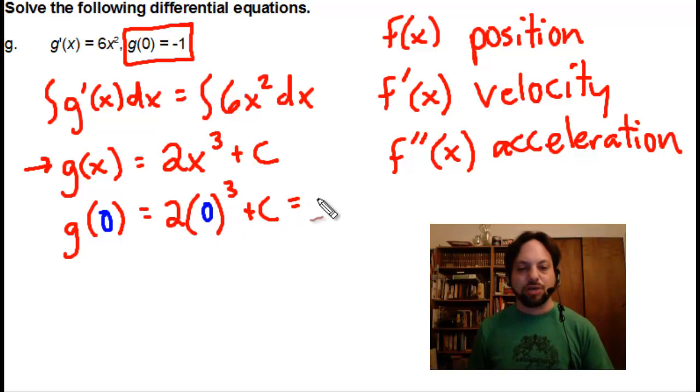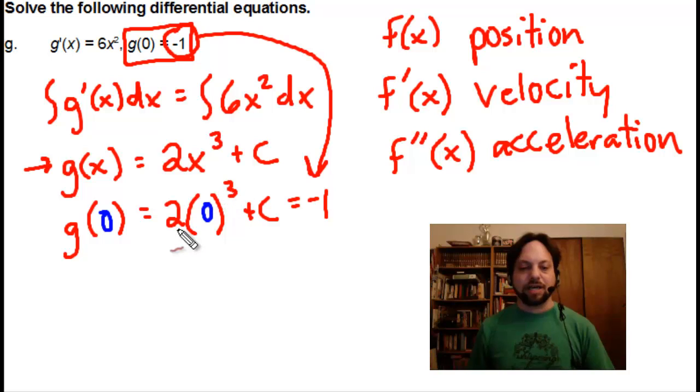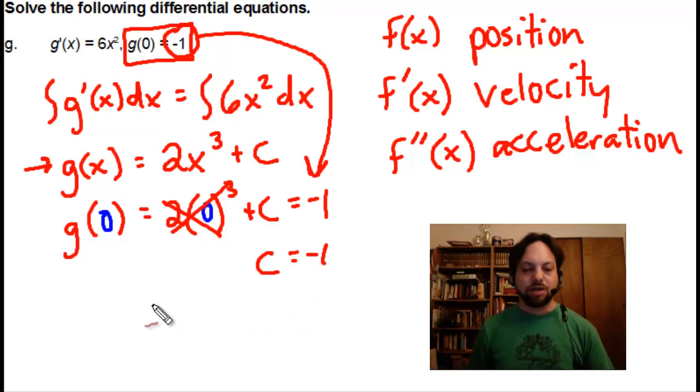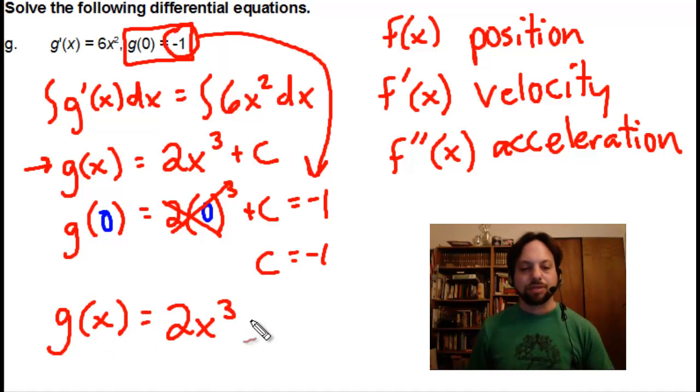And of course, that should equal -1, -1 from right here. So, well, let's see. 0 cubed times 2, this whole thing cancels out. And what I end up with is that c is -1. And what does that tell me? Well, that tells me that my position equation, g of x, has to be 2x cubed minus 1.